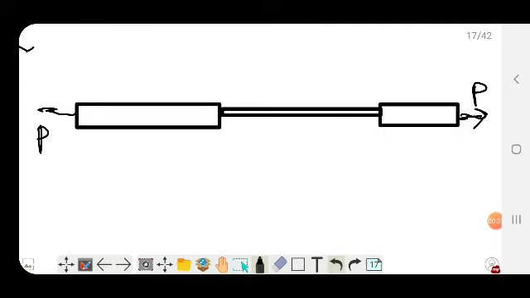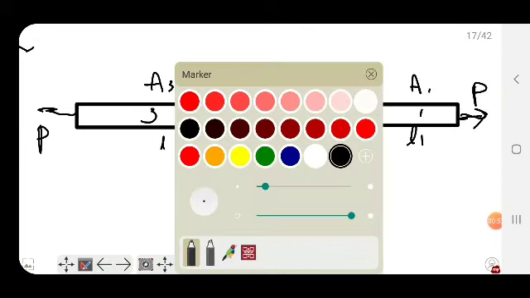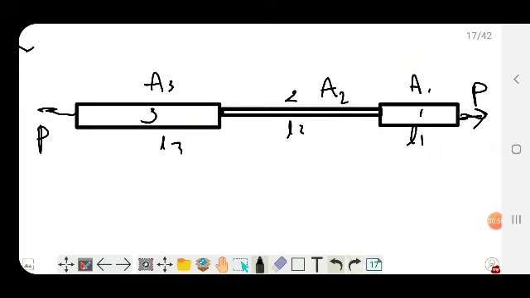If we are taking body 1, this is body 2, this is 3, and we have different cross sections for these three as A1, A2 and A3, and their lengths L1, L2, L3.